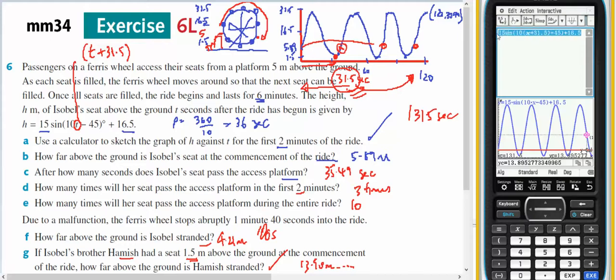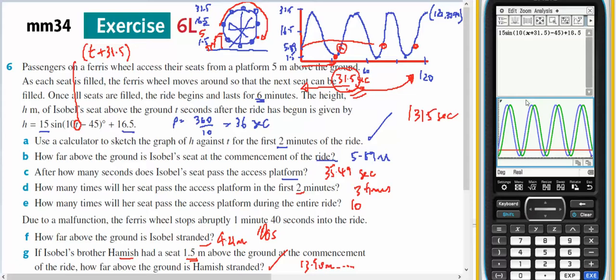If I pick this up and drag and drop, this should be Hamish's curve, which is in green. Now if I do analysis, G-solve and do a y-intercept on Hamish's curve, the first curve is the blue one. If I press down, I should get the red one. Press down again, I get the green one. And I press XC, it's at 1.5.